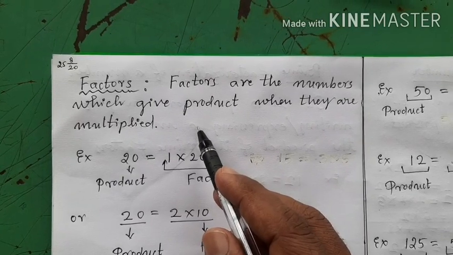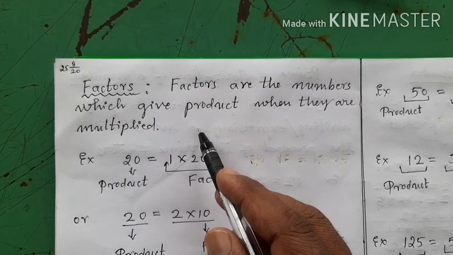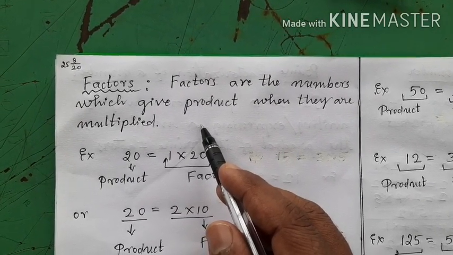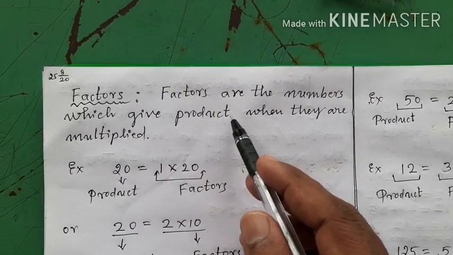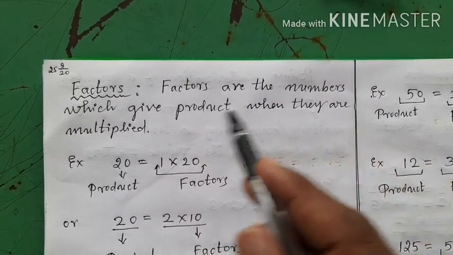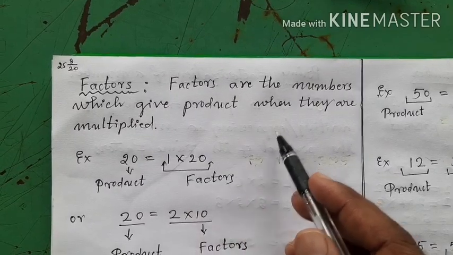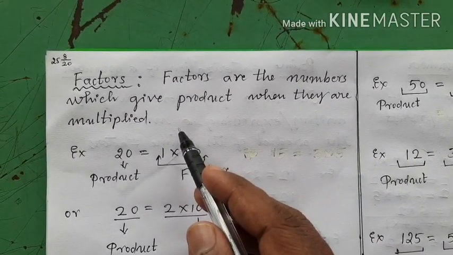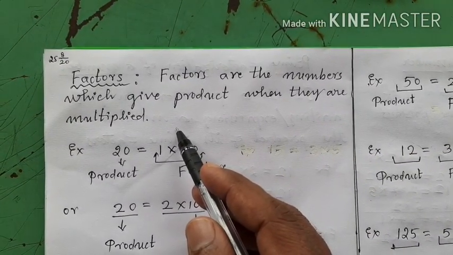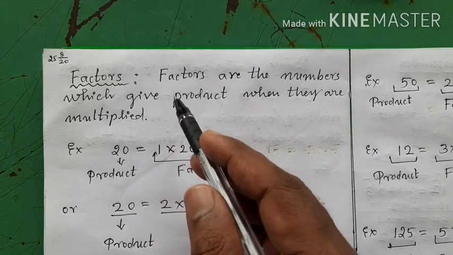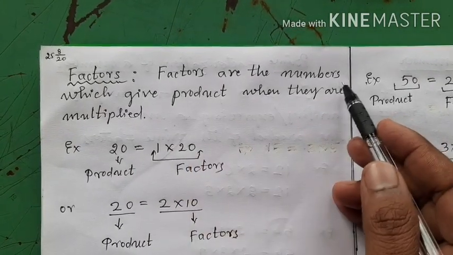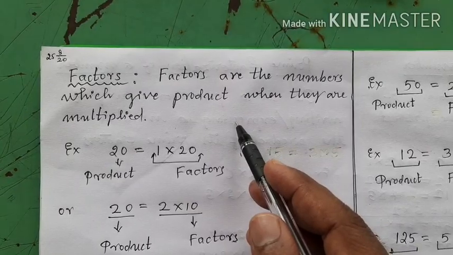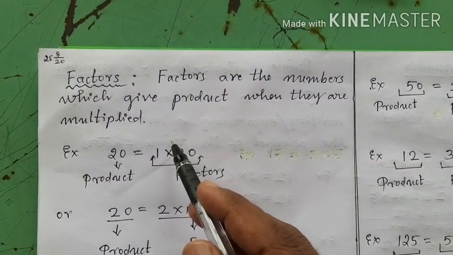Factors can also be defined like this: factors are the numbers which give the product when they are multiplied.